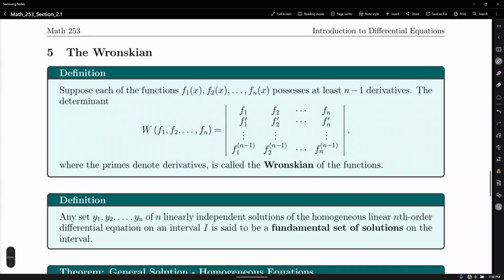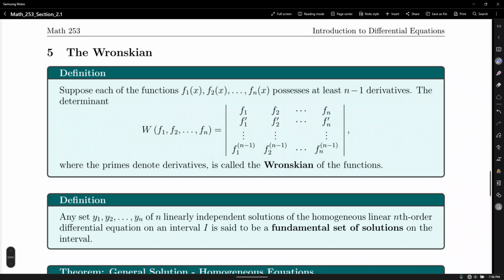So the Wronskian, denoted uppercase W with parentheses, writing down function 1, function 2, function 3, etc. The first row of the matrix will be the list of the functions. The second row of the matrix will be the first derivative of all these functions. The third row will be the second derivative, and we continue until the n minus 1 derivative.